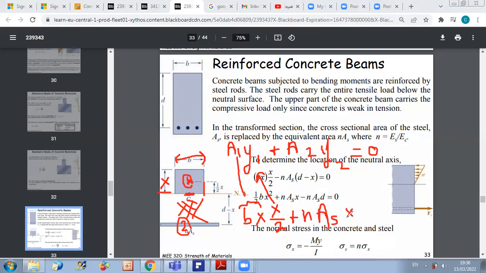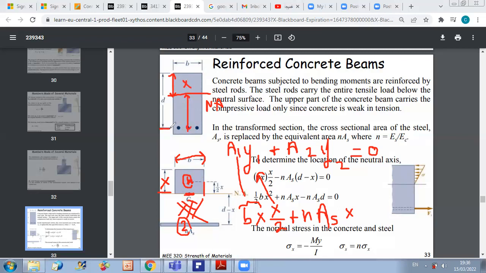times, because a2 is below the neutral axis, then y2 is negative, and we know that, as you can see here, we don't know where the neutral axis is. So we need to find x here. What is x? We can express the distance from the neutral axis to the center of the steel rod.